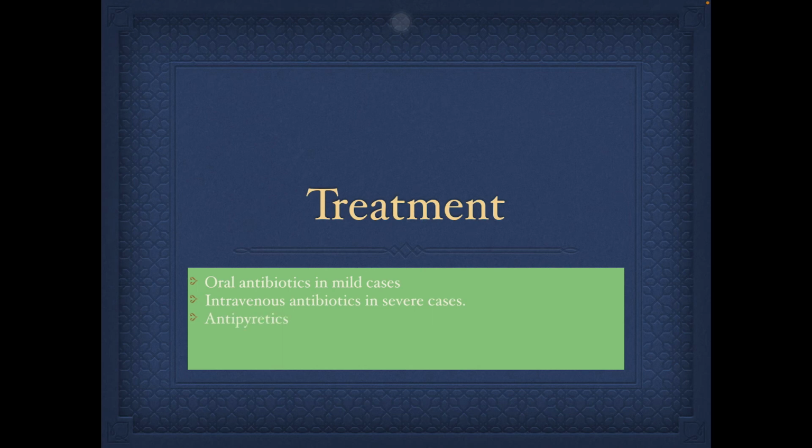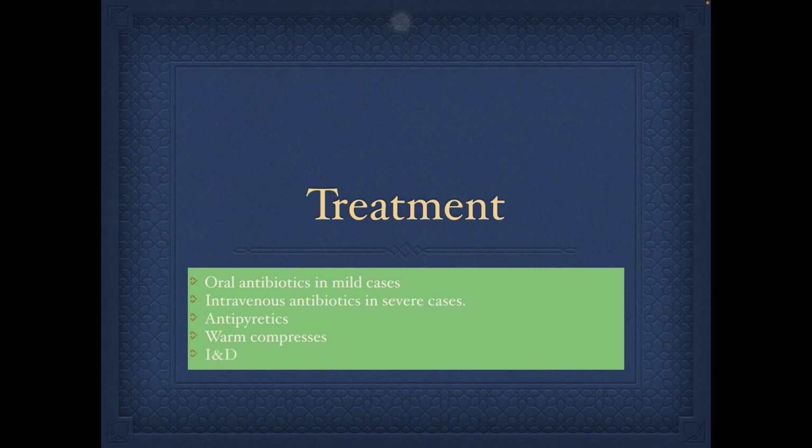Give antipyretics because of fever and to take care of the inflammation. Warm compresses give comfort and expedite the process of healing.